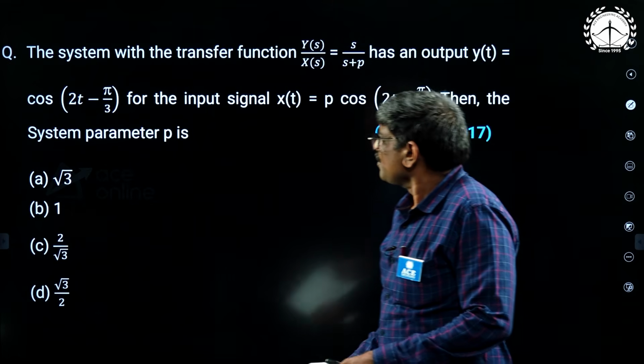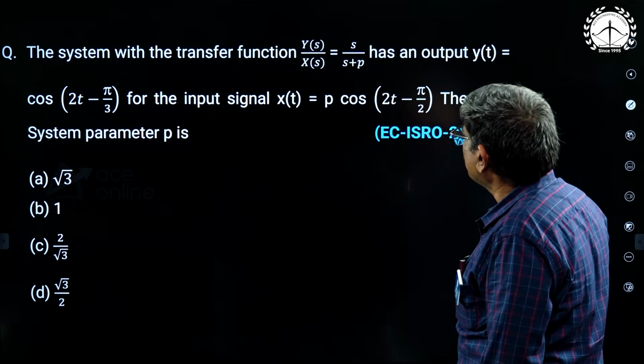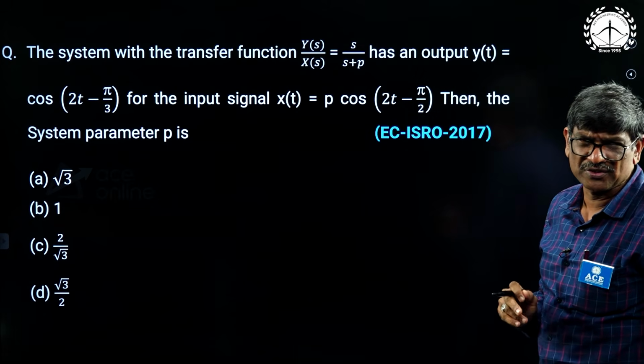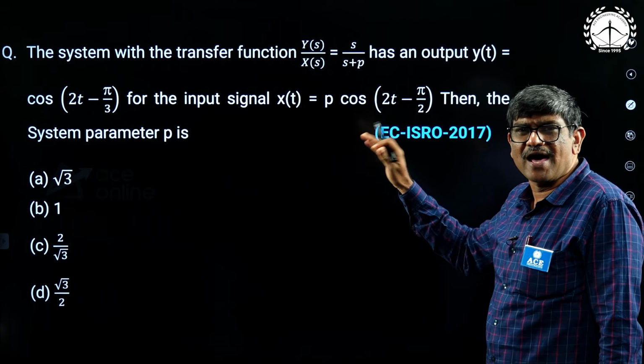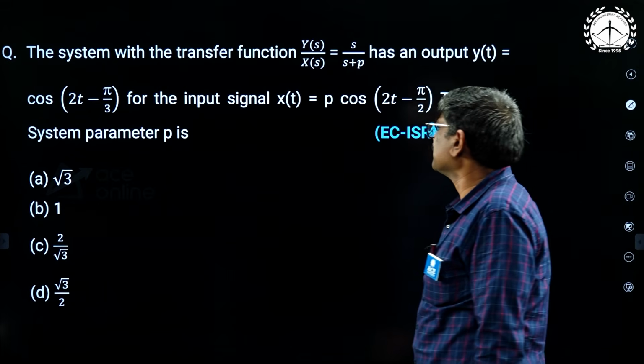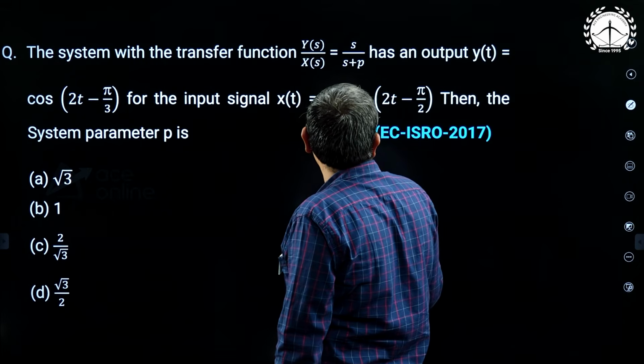Next, the system with the transfer function given has an output for an input. This is also a previous GATE question. Most of the questions I observed are directly previous GATE questions. We already solved this question in class also.